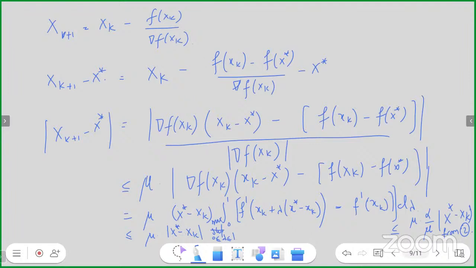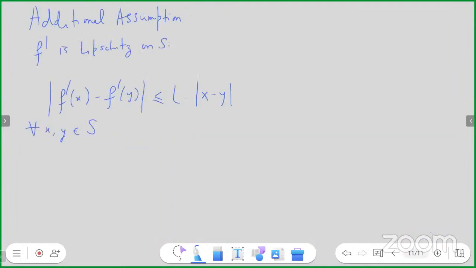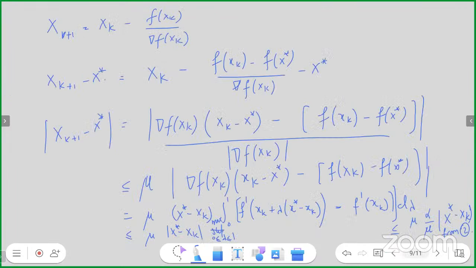And what is that term? Mu times lambda, right? f prime of x minus f prime of y is at most L times x minus y. So it is lambda times x star minus xk. Lambda is between 0 and 1. So I'm okay. Mu times lambda times the square of this. That's all. And that's how we established quadratic convergence.